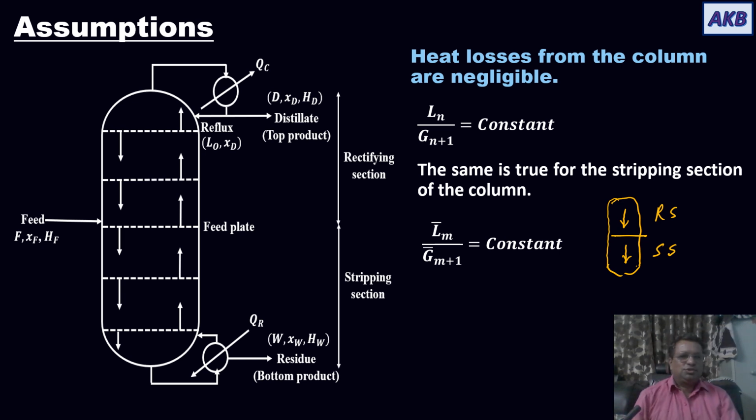So at the end of this discussion, we have understood that if you assume heat losses from the column to be negligible, we conclude that the ratio of molar flow rate of liquid to molar flow rate of vapor in each section is constant.